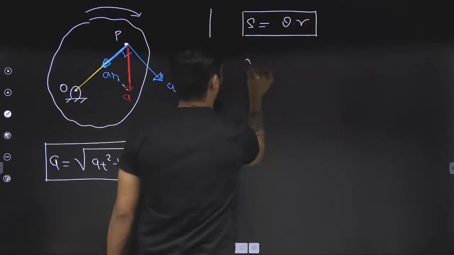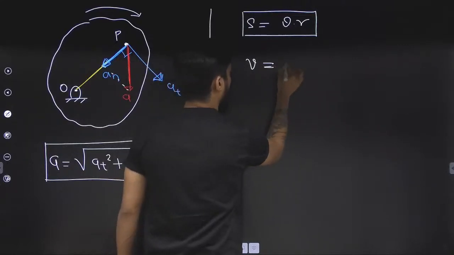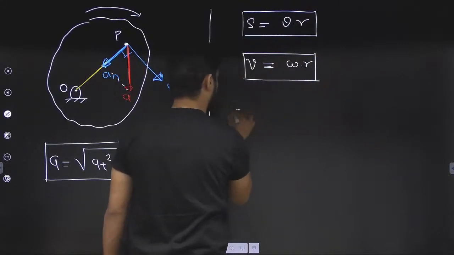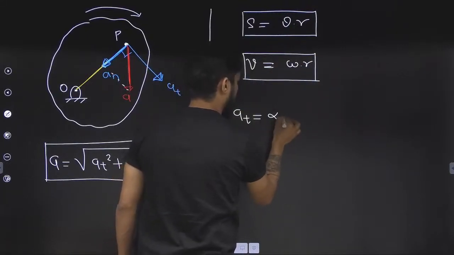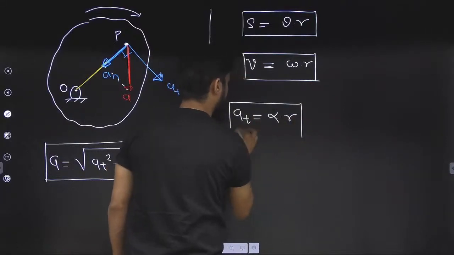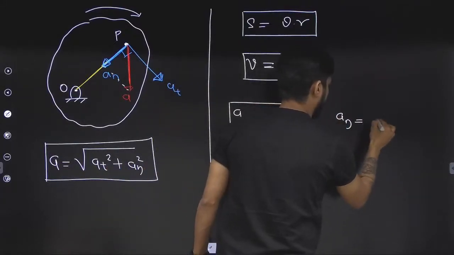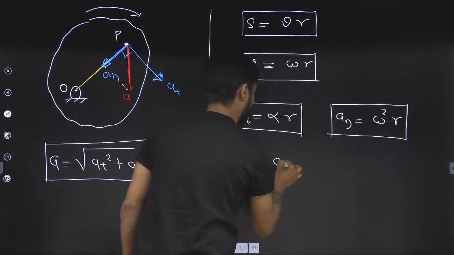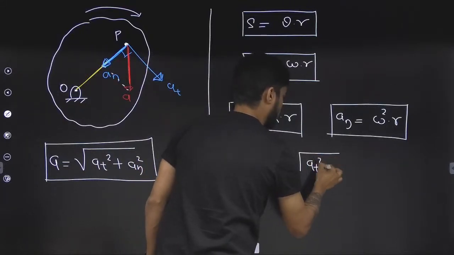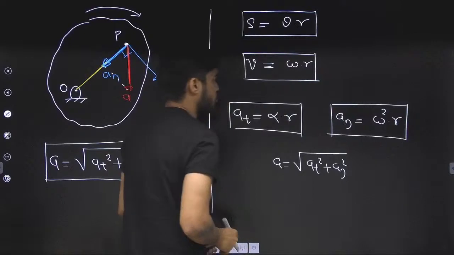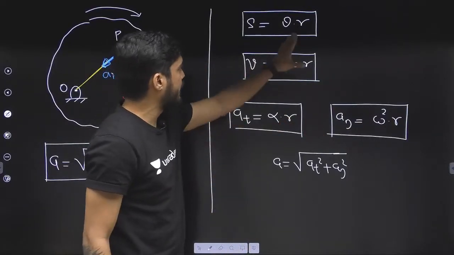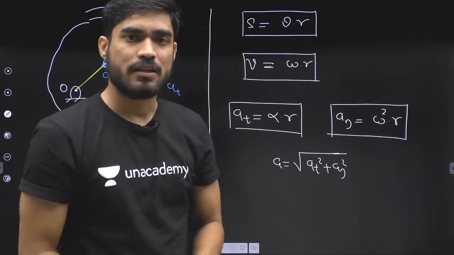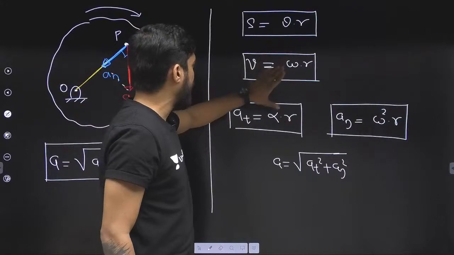In order to find linear velocity V, we need omega. In order to find acceleration at, we need alpha, and in order to find an, we need omega, right? Then a will be root over at square plus an square. So beta, in order to find these three things, we need theta, omega and alpha. So yesterday we saw problems where we are calculating theta, omega and alpha.